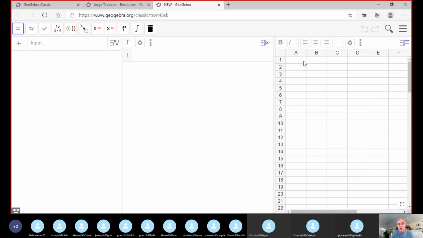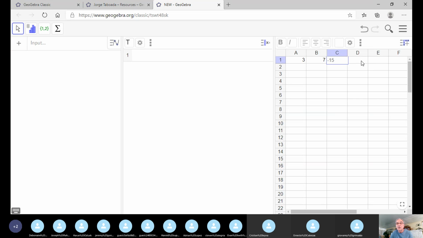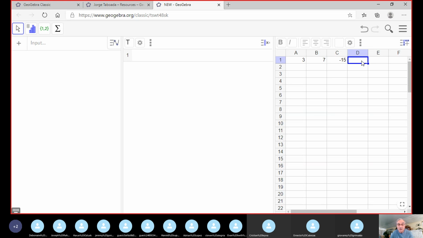And you type in the numbers, 3, 7, the matrix we're solving now, and you want to verify with the software. 15, -12, 1, 2, -4, -3, -4.